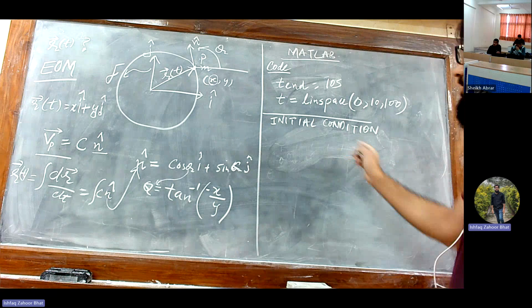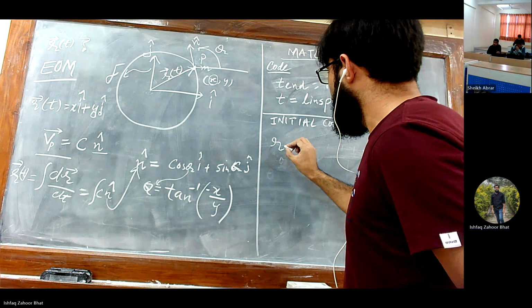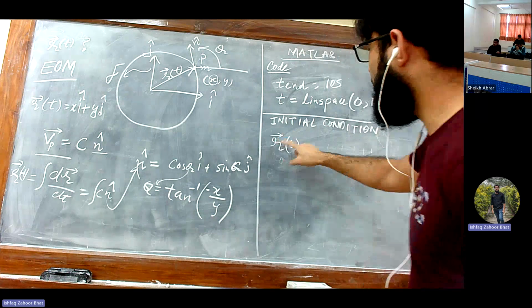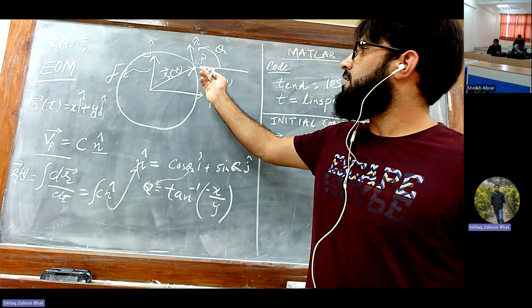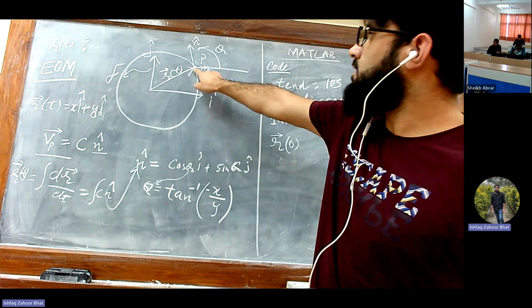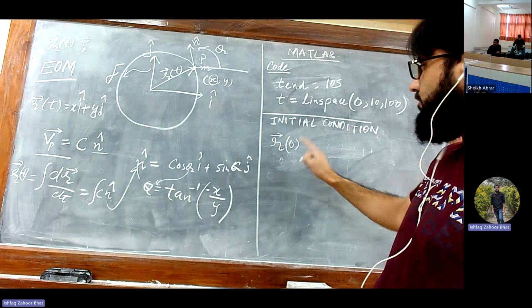So in initial conditions, what we will do is define the initial position, that is at time t equal to 0. What is the position where this mass or particle m started? For example, it started from here, so that will be our r naught, that is r of 0.